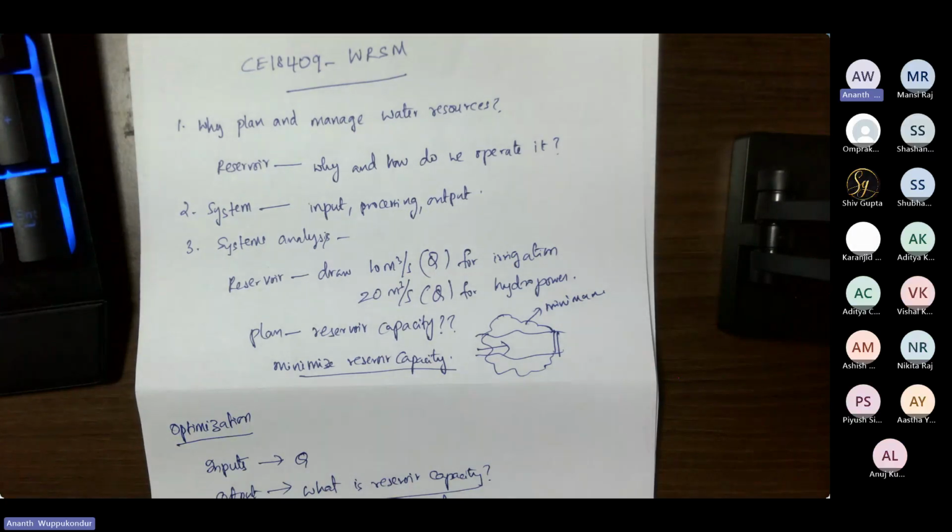All right. So in the last few lectures, we have been talking about water resources and why we need to plan and manage them. We try to put these water resources in the context of a system and analyze them as systems. In this process, we have seen how to optimize a function.